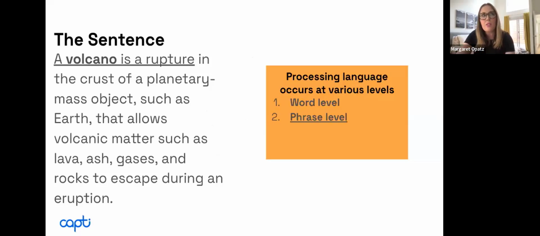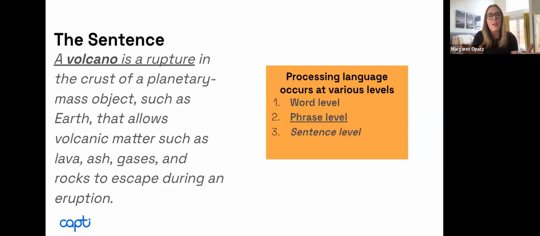Then you also have to be able to process the language at the phrasal level. In this sentence, one of the phrases is a volcano is a rupture. You have to understand that it all works together, and also what a rupture is. Then at the bigger processing level, it's the whole sentence.